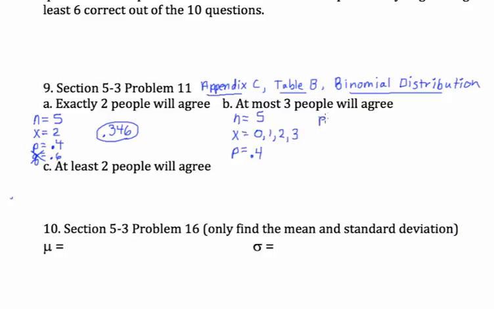So we're going to go to our table and find the probability of x being 0, and the probability of x being 1, and so on. So you go to your table, find N equals 5, X equals 0, P equals 0.4, and you find the probability that 0 people agree is 0.078, and the probability that 1 person agrees, the probability that exactly 2 people agree, we just did this one in part A, and then the probability that 3 people agree.